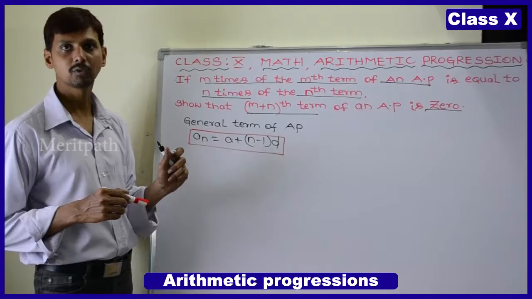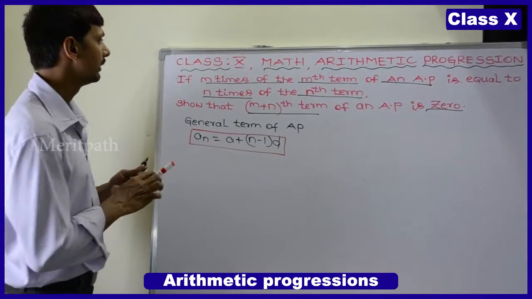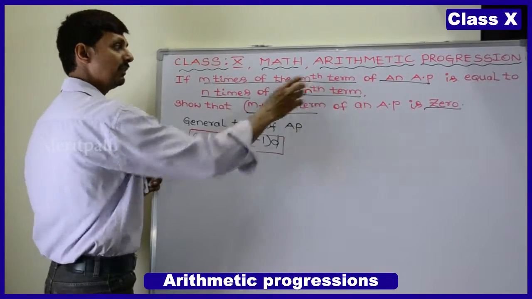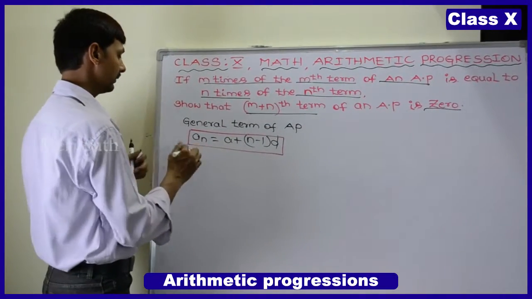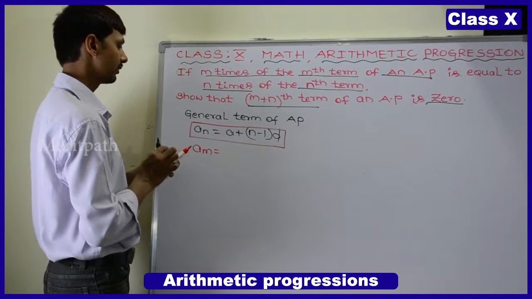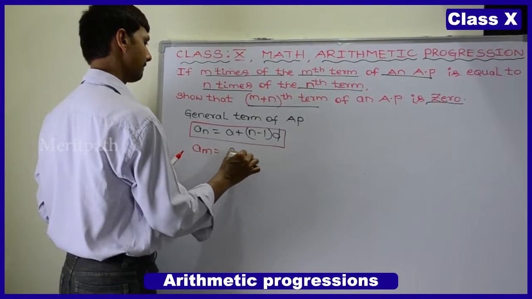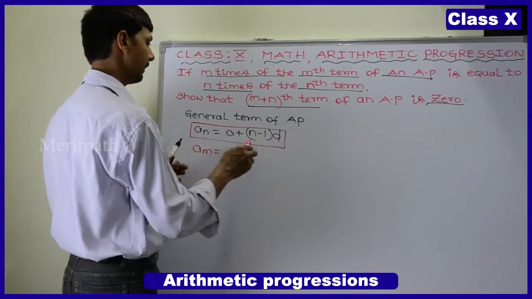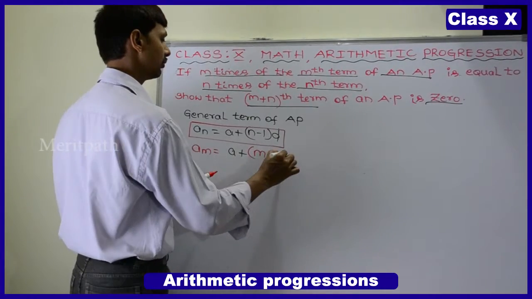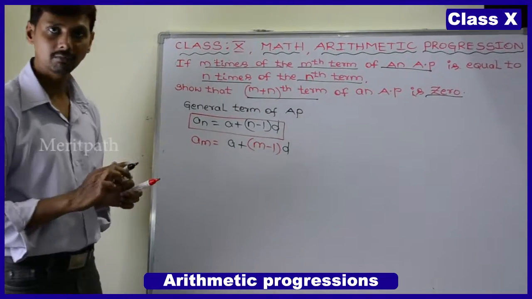We already discussed this. So here, m times the mth term. Let us find the mth term: a_m = a + (m-1)d. This is the mth term.